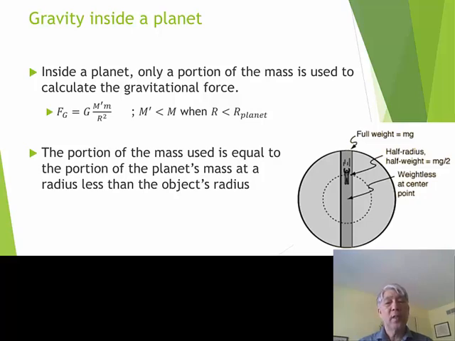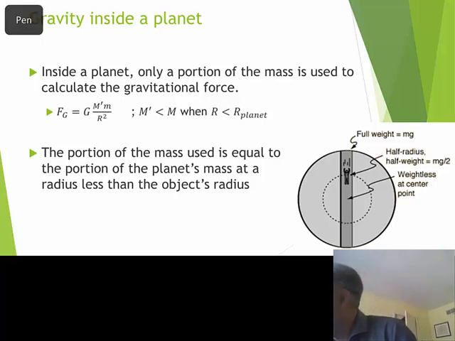It turns out that the gravitational effect from the mass on top of me is perfectly canceled out by all of the mass at a radius greater, outside, below me. Another way to think about it, if I take this line here, all of this mass is canceled out by all of the mass down here.